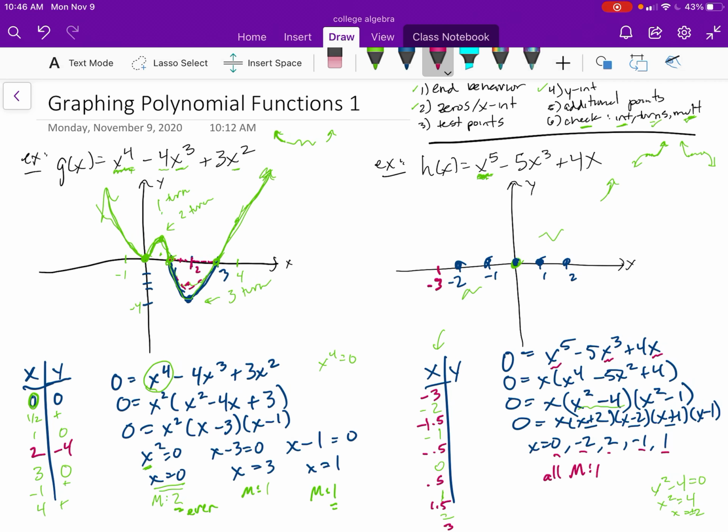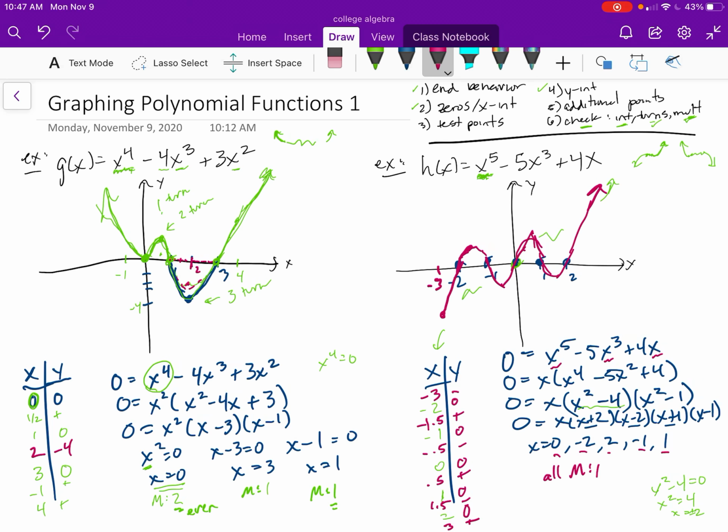So I'm going to tell you that when I do substitute -3, I'm going to get a negative something. Okay, it's going to be down here somewhere. Then the graph will cross through -2, and then I'll get a positive, right? Each of those in green were 0. Okay, I'm going to get some sort of positive value, and then it's going to come down, cross through -1. I'll get a negative value, and then it'll cross, I'll get a positive, okay, and then it'll cross, I'll get a negative, and then it'll cross, and I'll get another positive.